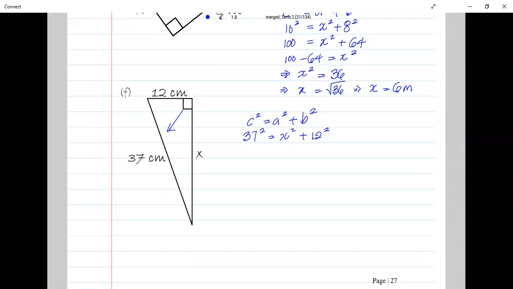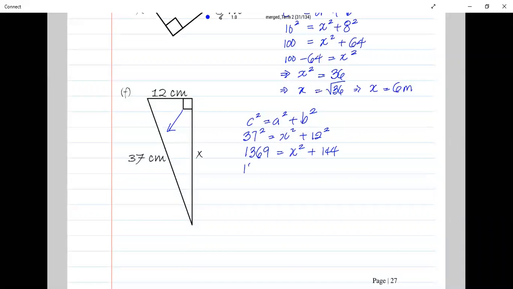Now, 37 squared is 1,369, is equal to X squared plus 12 squared, which is 144. Positive 144 goes over and becomes negative.